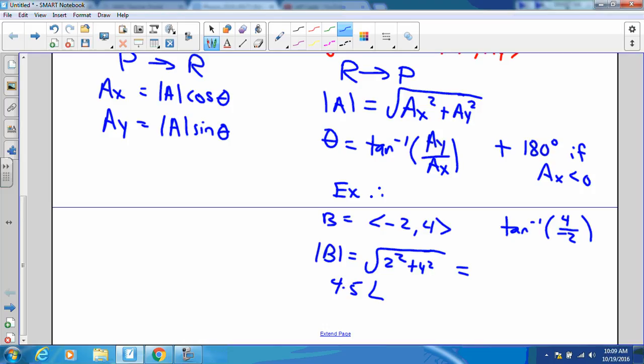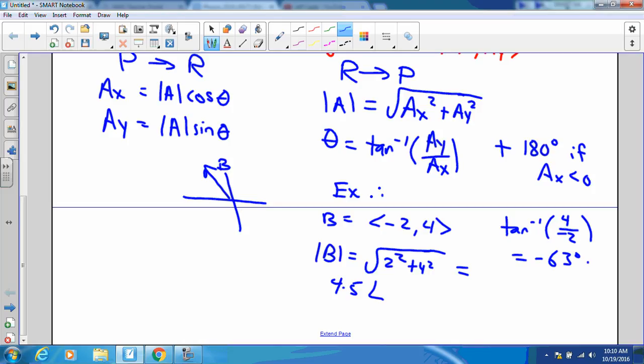Okay, and so when I do the inverse tangent here, then lo and behold, my calculator says negative 63 degrees. And here's where I want to use a little bit of common sense, because my vector b is clearly over here in quadrant 2. 2 back and 4 up.